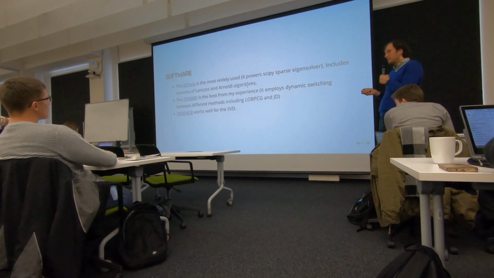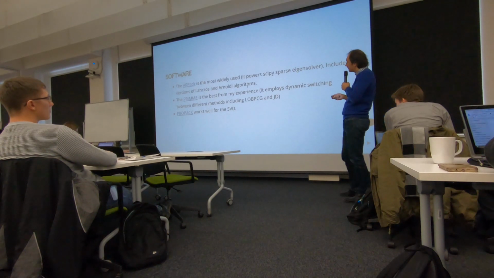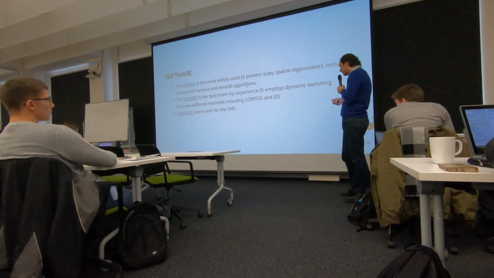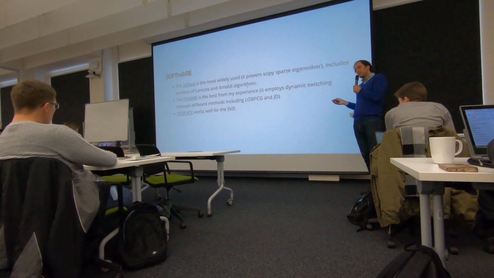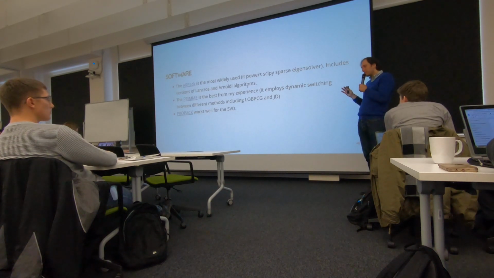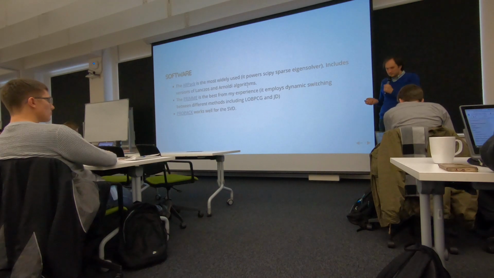It's a sort of C plus Fortran combination. And we didn't say anything about SVD computations, they are basically the same. Since SVD is more or less a symmetric problem, you can use tools for the symmetric eigenproblem for SVD, and the code is PROPACK. I think that's the one that's used as well.